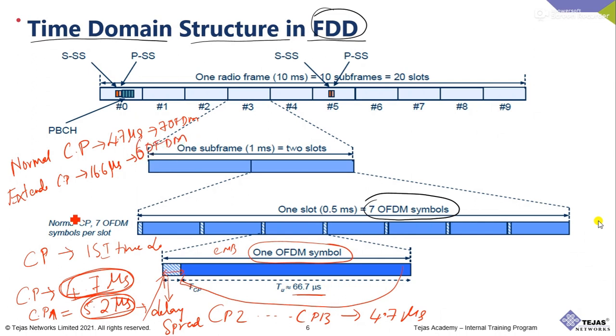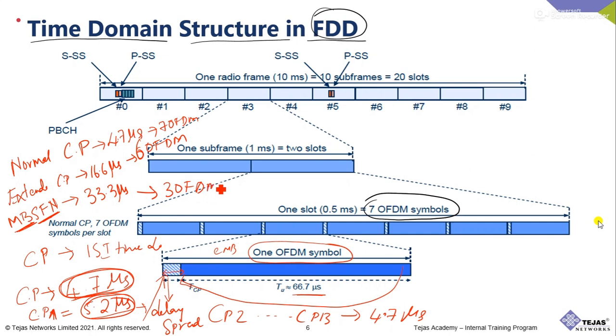Okay, 6 OFDM symbols. And there is one more type of cyclic prefix which is called MBSFN. MB stands for multimedia broadcast single frequency network. This has a cyclic prefix duration of 33.3 microseconds, and this will have a total of 3 OFDM symbols.